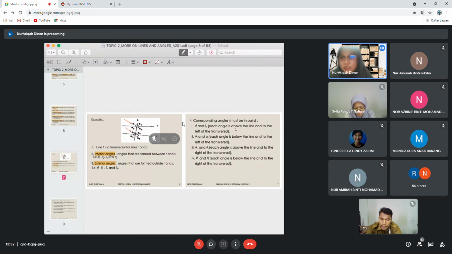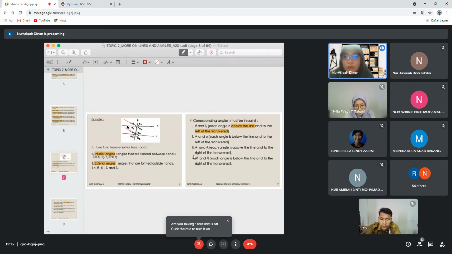Each angle is above the line and to the left of the transversal. So both have the same criteria to the transversal: above the R and S line, and towards the left of the transversal.